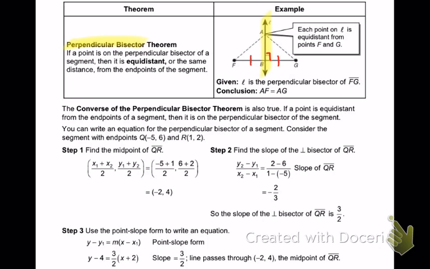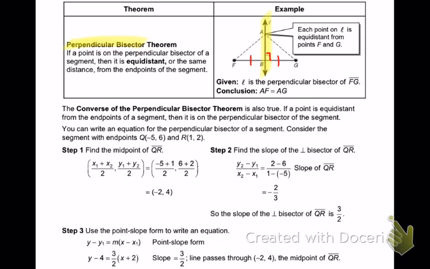So for example, let's say like this. Would something like that be a perpendicular bisector? No, why? Because it doesn't come down at a 90-degree angle, right? It's got to be a 90-degree angle, and it has to cut the other segment in half. Now, what's unique about a perpendicular bisector?